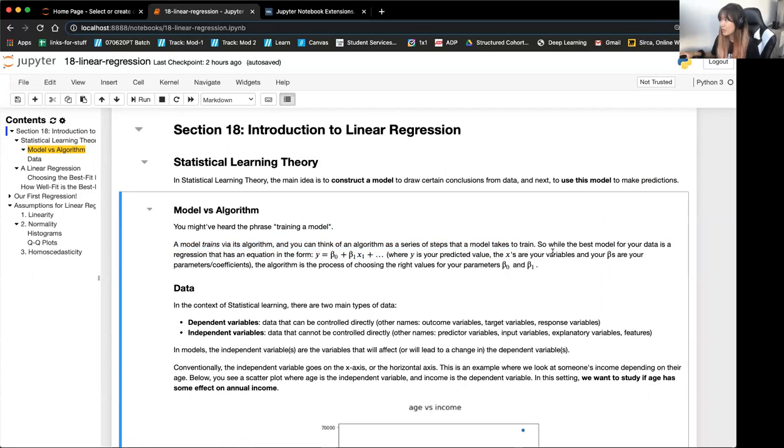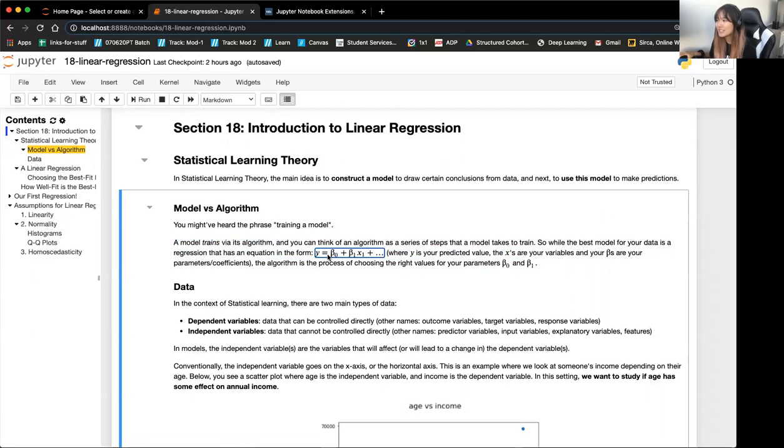While the best model for your data is a regression that has an equation in this form, and I'll talk more about this part later, the algorithm is the process of choosing the right values for your parameters beta 0 and beta 1. This is what our linear regression model looks like. Any linear regression model follows this format, where you have a bunch of beta parameters and x's. Here, y is your predicted value, x's are your variables, and betas are your parameters.